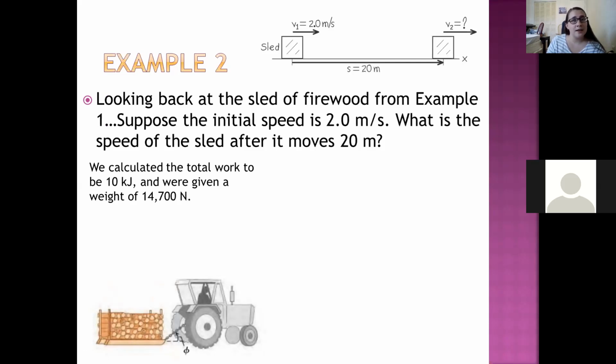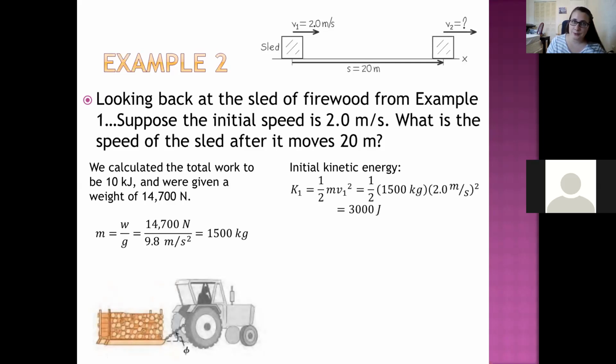So if we take our weight and divide it by g, that gives us the mass. So our mass of this sled is 1,500 kilograms. We'll need that in this next part of the problem. So our initial kinetic energy at this first point is pretty simple to calculate if you know the equation for kinetic energy, which we do now.